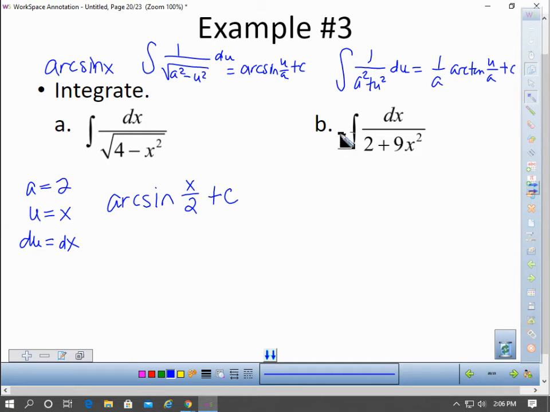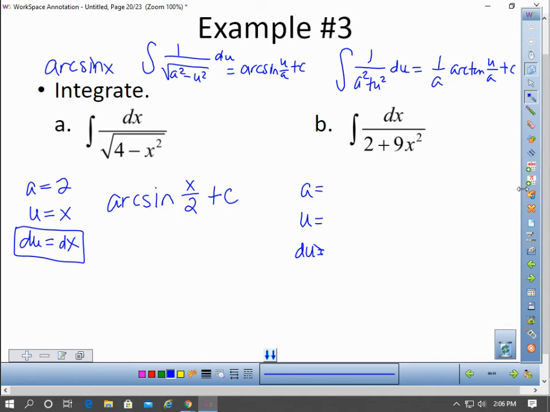So this is the formula that you would be looking at to compare this to. So when I'm looking at this, I need to figure out what is my a value, what is my u, and what is my du. Again, if du ends up equaling just straight up dx, it's a simple formula. If it's not, we got to do a little work.